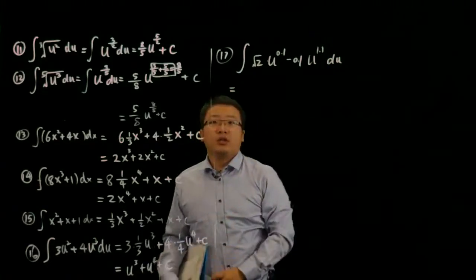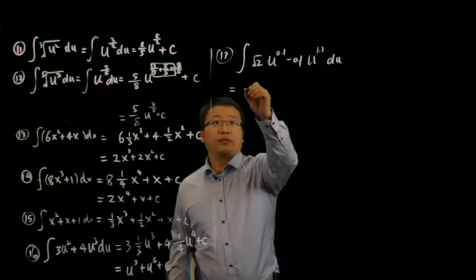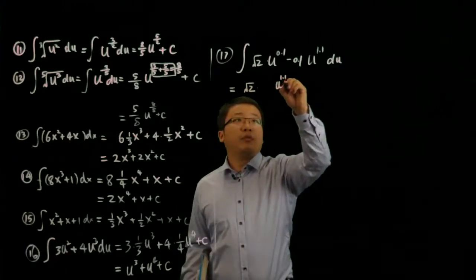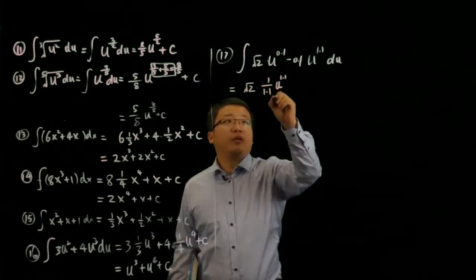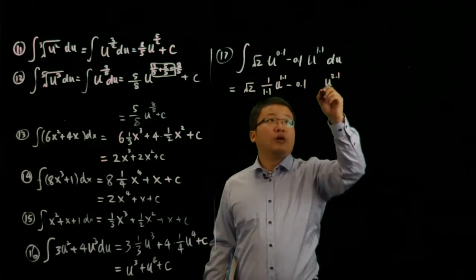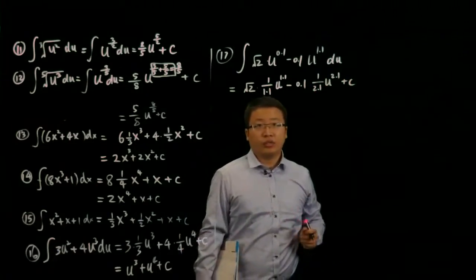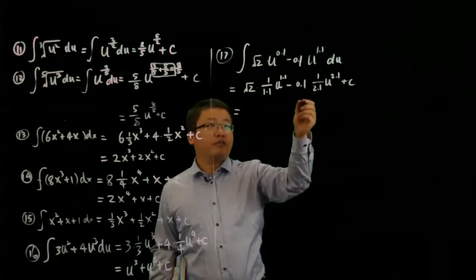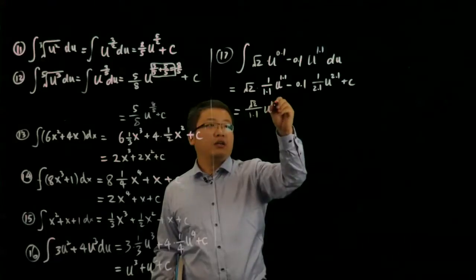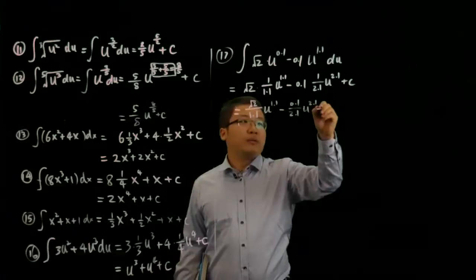For this case, you want to keep that constant, then increase the exponent by 1: 0.1 increased by 1 becomes 1.1, divided by 1.1, minus, keep that 0.1, increase 1, make it 2.1, 1 over 2.1, and plus c. It's an indefinite integral, and therefore you can just leave it like that or make it look more simplified: minus 0.1 divided by 2.1, u to the 2.1 plus c.